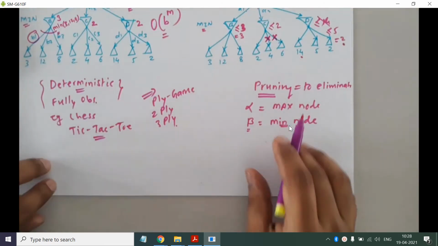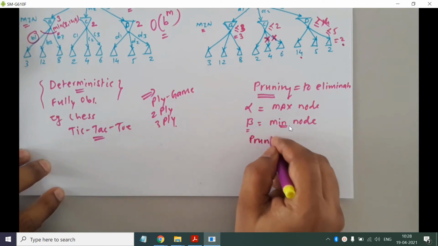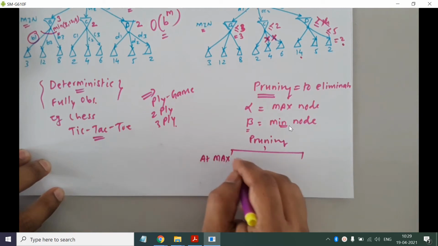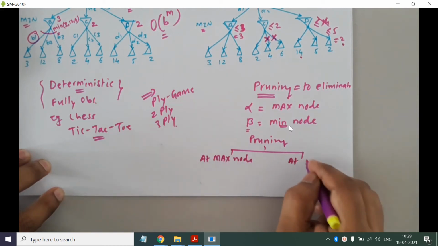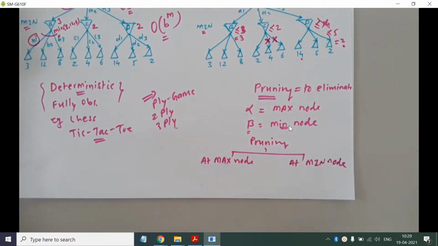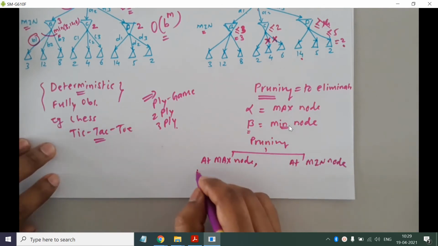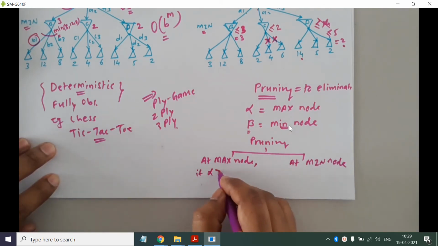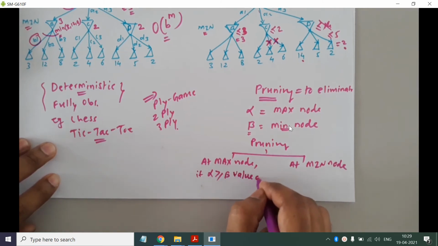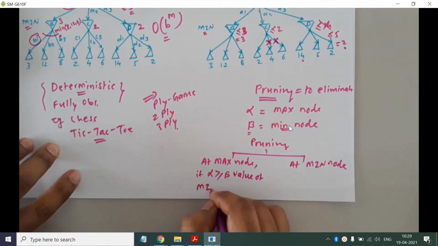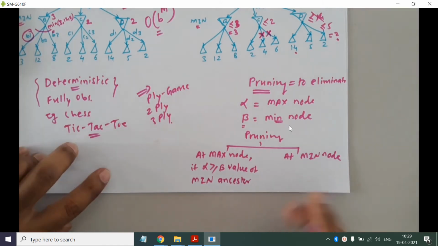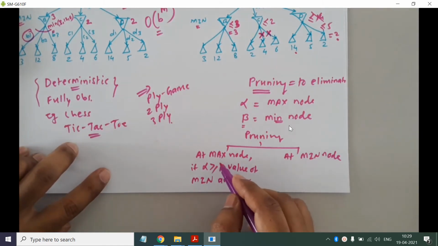So to summarize, pruning is happening at 2 levels: it may happen at a max node or at a min node. What are the conditions? At a max node, it will happen if the alpha value becomes greater than the beta value of any min ancestor. Please note this down.